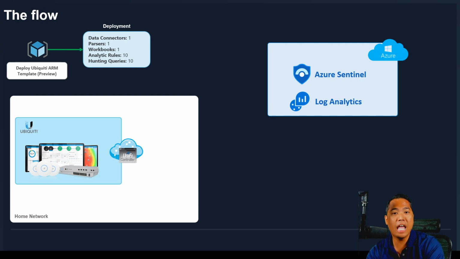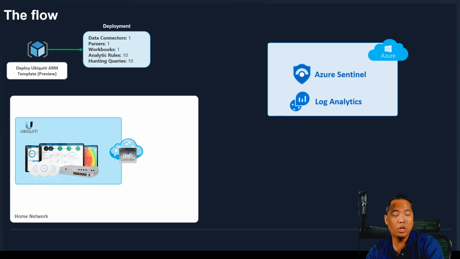It's going to have a parser, and the parser's job is to parse that Ubiquiti log and make it easily readable, or place the properties in the right columns. The workbook, there's already a pre-made workbook, and I suggest customizing it because it's just a sample workbook to get you started, so tailor it to your home.